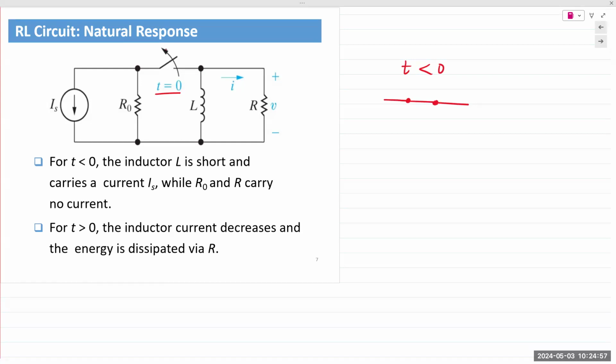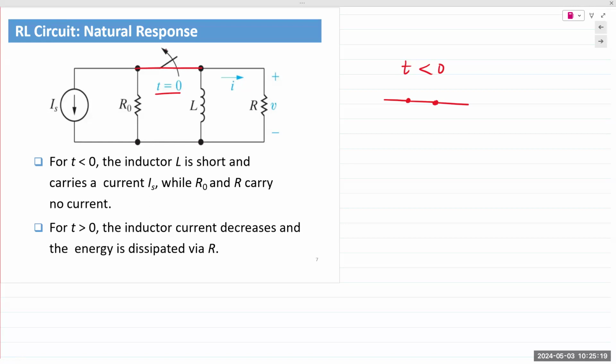And if the switch was closed, then the current source IS was connected to that inductor. Eventually, at some point in the past, that inductor had reached full charge.